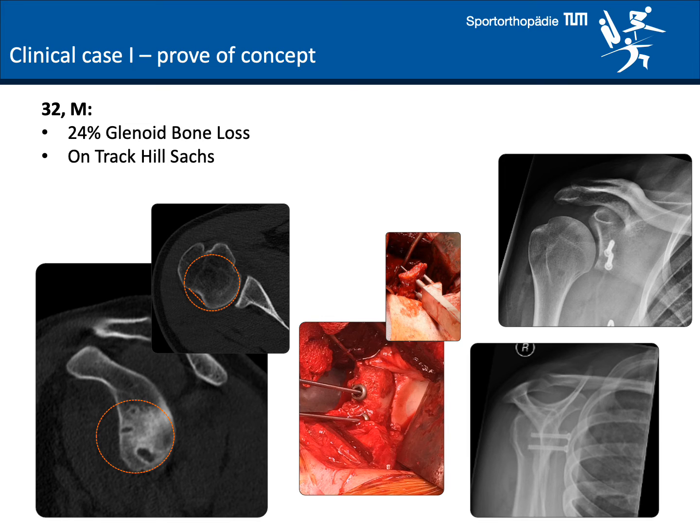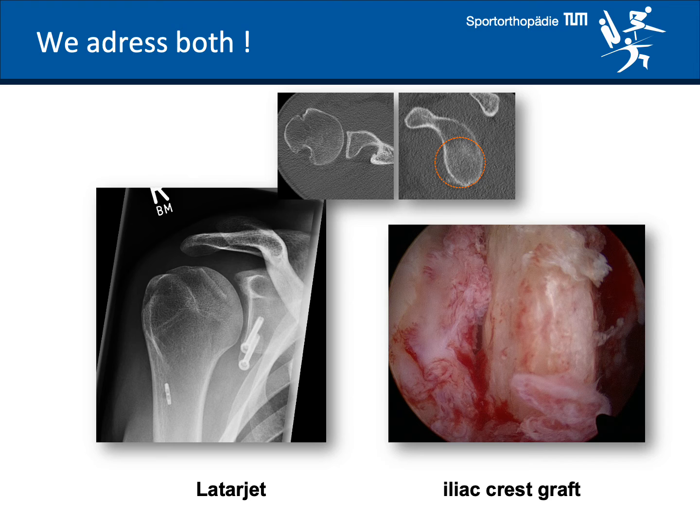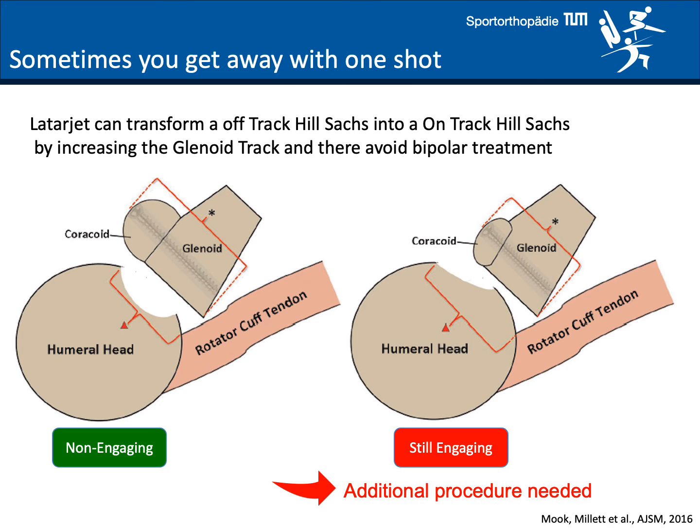We fixed it now with a Latarjet because the biggest problem was on the glenoid side. But in most cases, we address both, iliac crest graft on the humeral side and on the glenoid side. Sometimes you get away with just one shot. But if it's still engaging, like in this case, you have to think about an additional procedure. It's needed to get him on track.